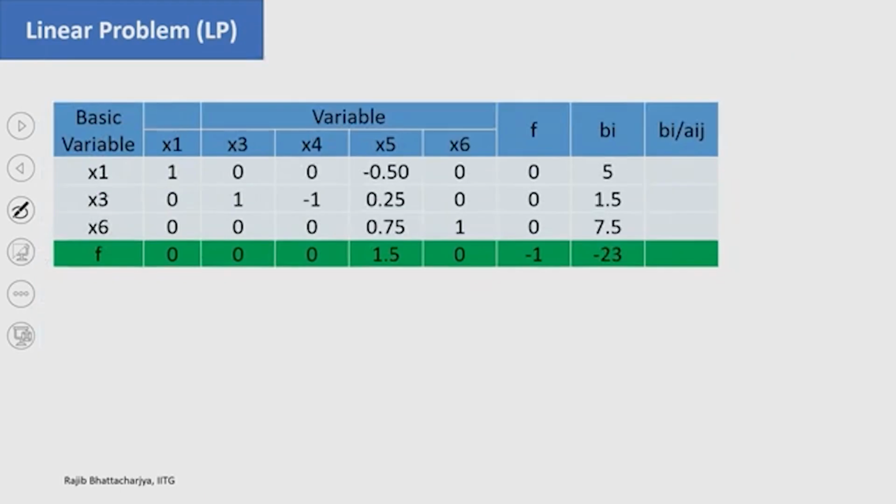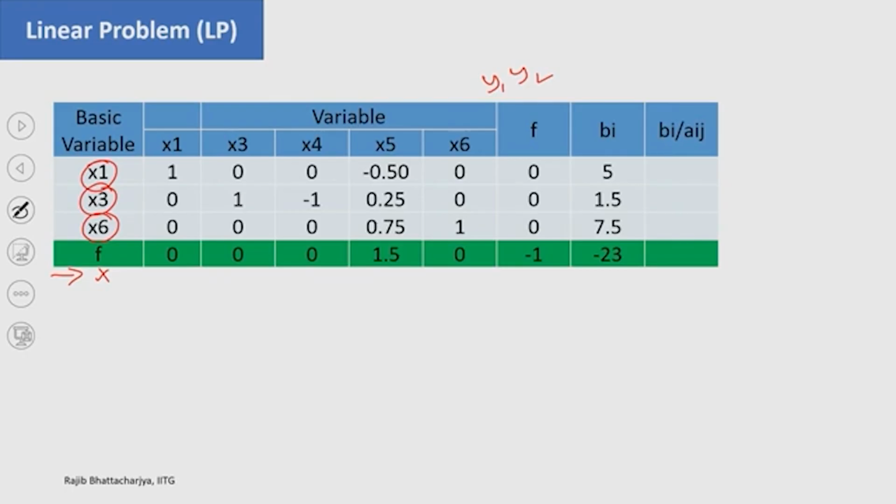So, if I do that, I am getting this particular table here. Here now x 1 is a basic variable, x 3 is a basic variable, x 6 is a basic variable, and whatever w row was there, that we have eliminated, and we have also eliminated the rows having y 1 and y 2. So, that is not there.